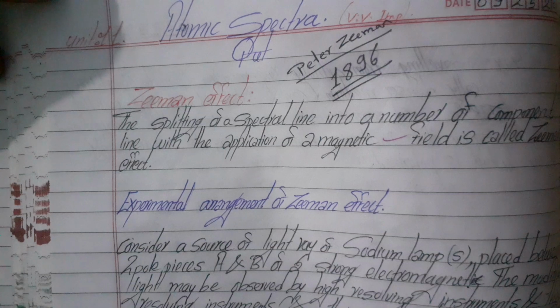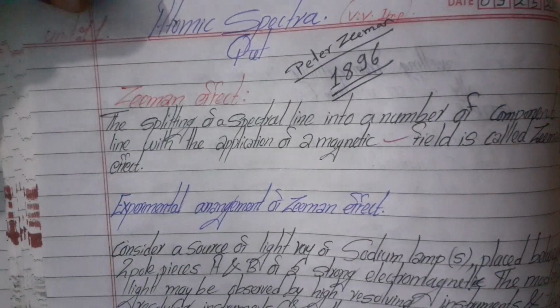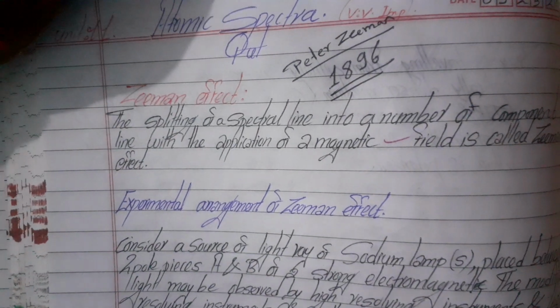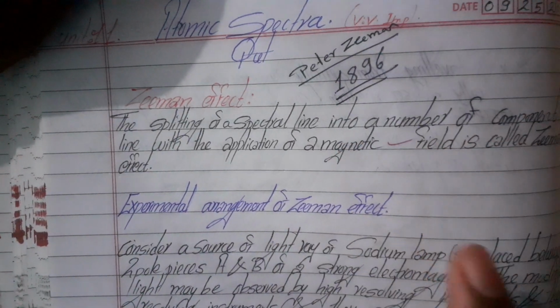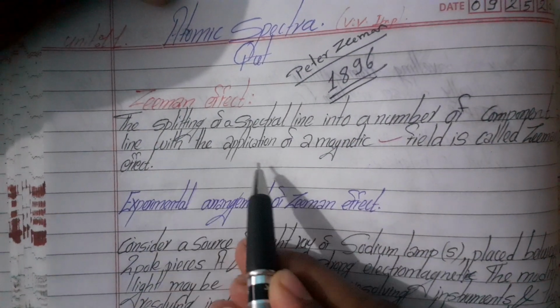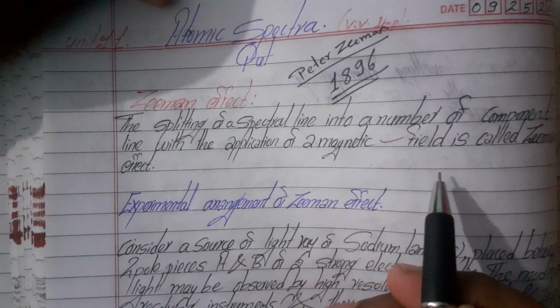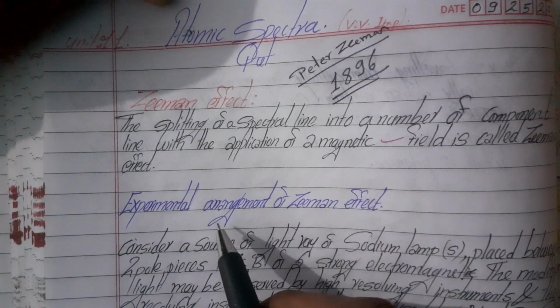Let's see. Zeeman effect. First, Zeeman effect. Zeeman effect is defined as the splitting of a spectral line into a number of component lines with the application of a magnetic field. It's called Zeeman effect.